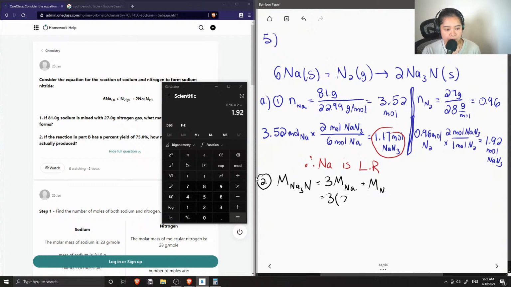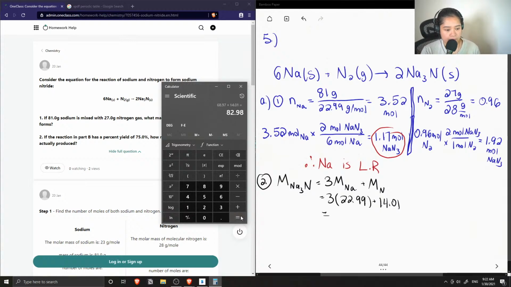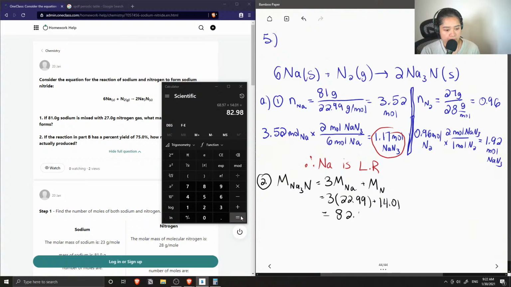Sodium's molar mass is 22.99 and nitrogen's is around 14.01. If we add these values up, we get a molar mass of around 82.98 grams per mole.